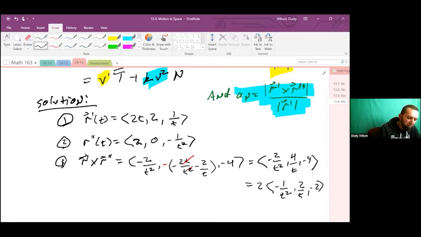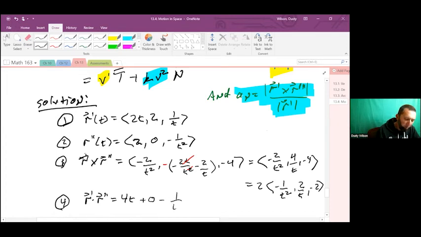Now we can go ahead and find our dot product. So r prime dot r double prime will be 2t times 2, or 4t, plus 2 times 0, or 0, plus 1 over t times negative 1 over t squared, so it's minus 1 over t cubed.